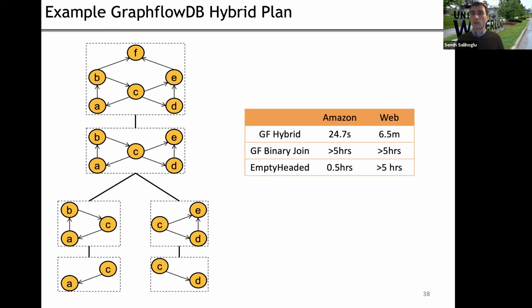So again, to give you a demonstration of the performance gains you could expect for cyclic queries, this is the hybrid plan that I'm showing over here on two different data sets. And I'm comparing against pure binary join-based plans. Things that would time out or take more than 5 hours can be done in a matter of seconds. I'm also showing here a comparison with another system called EmptyHeaded.